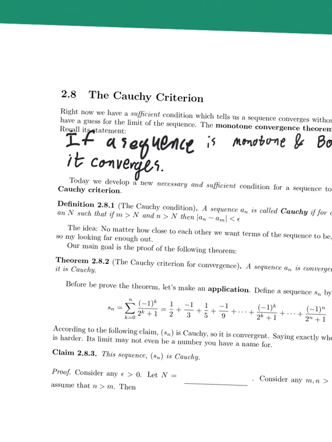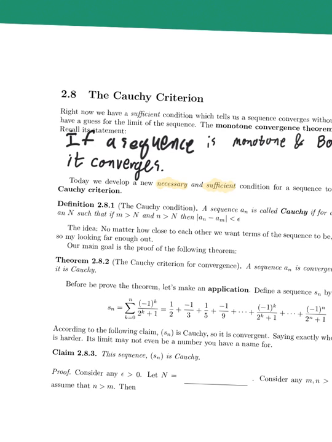The goal today is to develop a new condition, which will also be a sufficient condition. If you know that a sequence satisfies this condition, then you will know it converges, and it will also be necessary. So unlike the monotone convergence theorem, there are lots of sequences that are not monotone, but they converge.